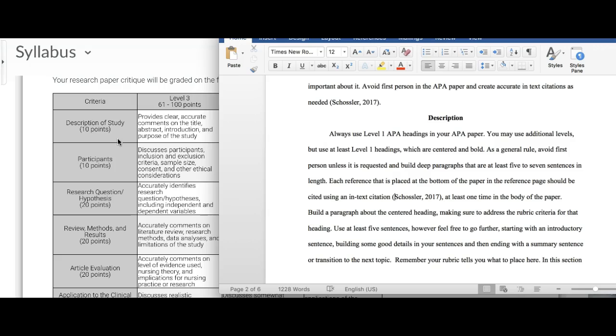You have to address each one of those, critique each one of those, to get full credit for that first section. Critiquing, of course, means that you're going to say whether the authors addressed it and whether it included what it was supposed to include. So, for example, when it says comment on the title: was it clear and accurate?